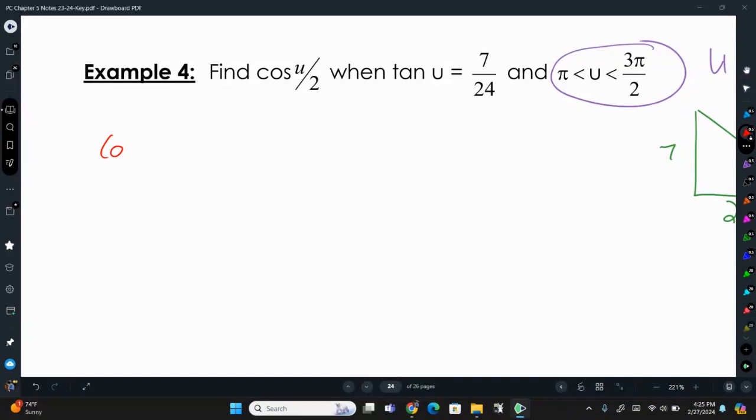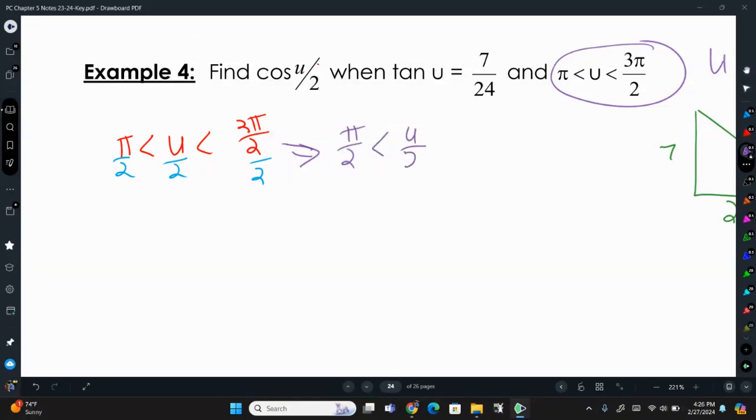So first we have to figure out what quadrant u over 2 is in. We have pi is less than u, which is less than 3 pi over 2. Divide everything by 2. So that means pi over 2 is less than u over 2, which is less than 3 pi over 4.